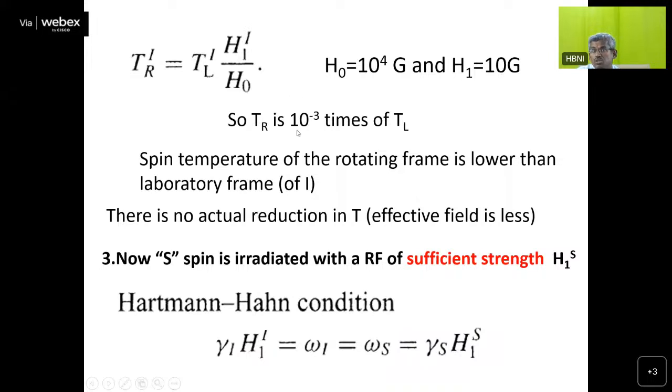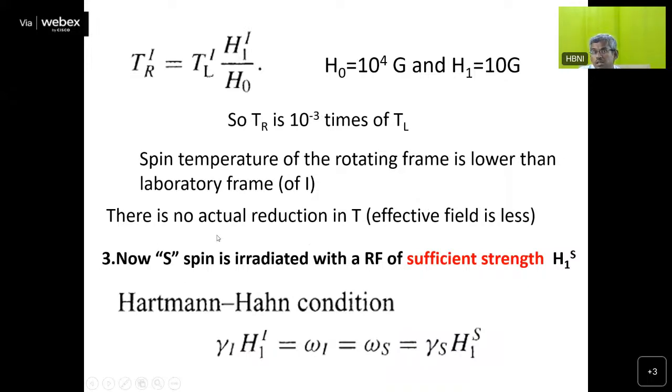So what you see is that the rotating frame temperature is 10 raised to minus 3 times lower than that of the laboratory frame temperature. So the spin temperature of the rotating frame is lower than that of the laboratory frame. That is the important concept here. There is no actual reduction in temperature; the effective field is less. That is what I want to convey.